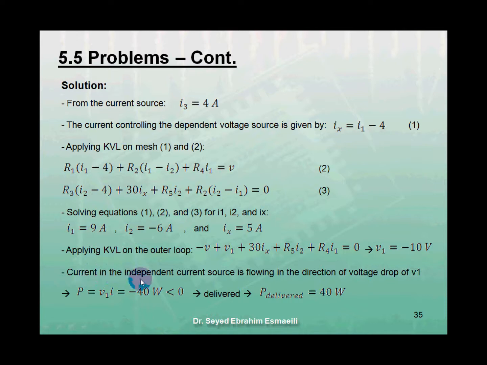The current in the independent current source is flowing in the direction of the voltage drop of V1. Hence, the power equation is written as P equals V1 times I, which equals minus 40 watts, which is less than 0. This means that the power is delivered. Hence, the power delivered by the independent current source is equal to 40 watts.